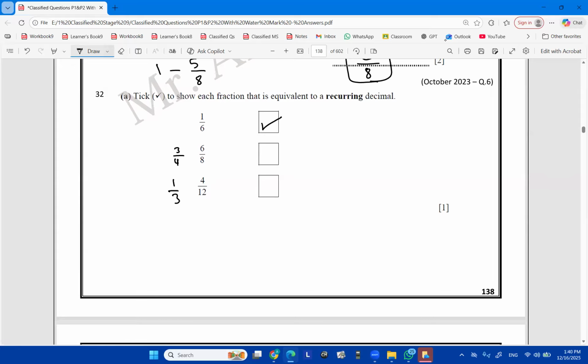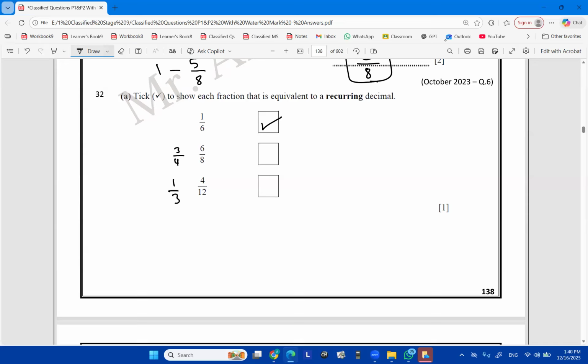Mister, the denominator is 4. It has prime factors only 2. It doesn't have anything else. So if it had anything other than 2 and 5, it would be recurring. But no, Mister, it doesn't have anything other than 2 and 5. It has prime factors only 2.